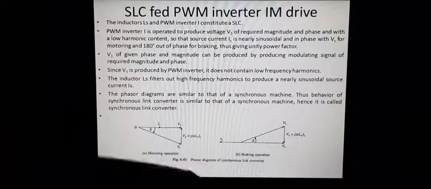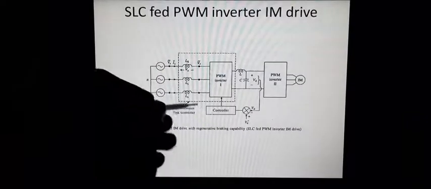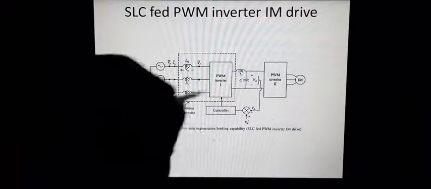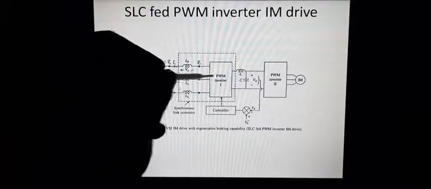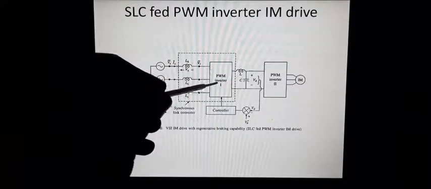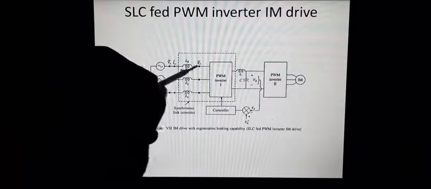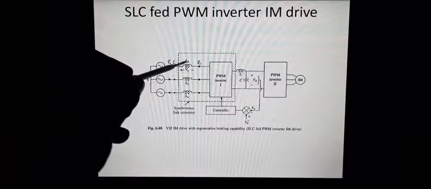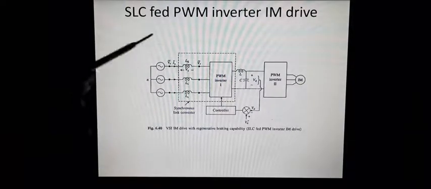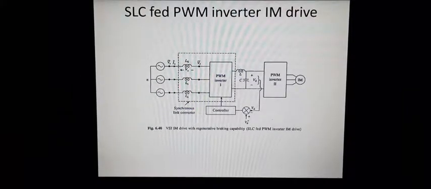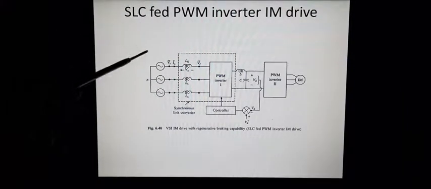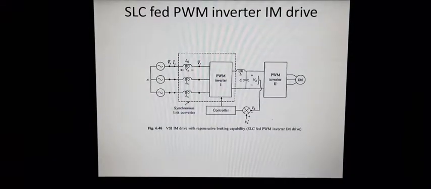So accordingly a controller action will be there, and this controller action will make sure that the switches in the PWM inverter are switched in such a way that the magnitude of V1 and the phase of V1 are in accordance with the phasor diagram which has been explained, so as to obtain the unity power factor operation.